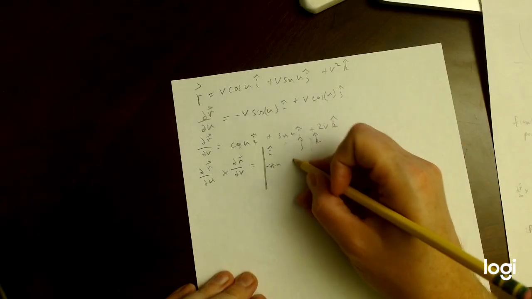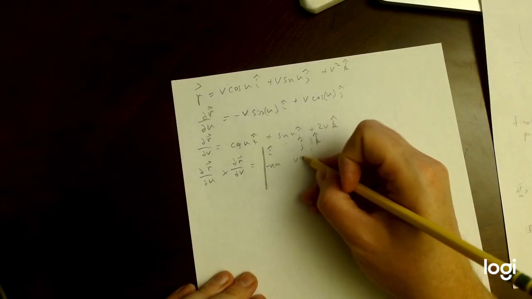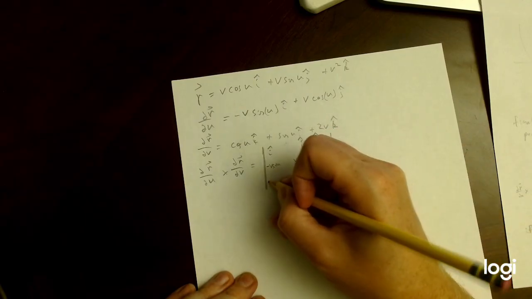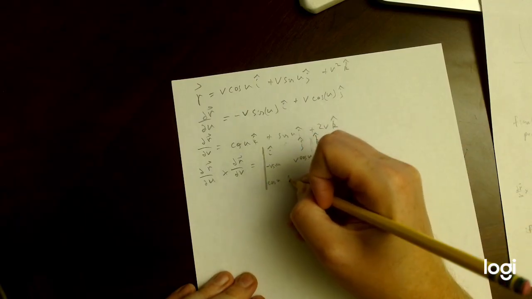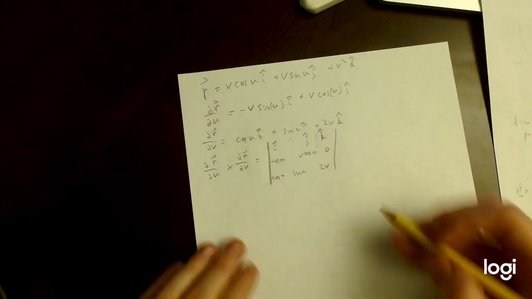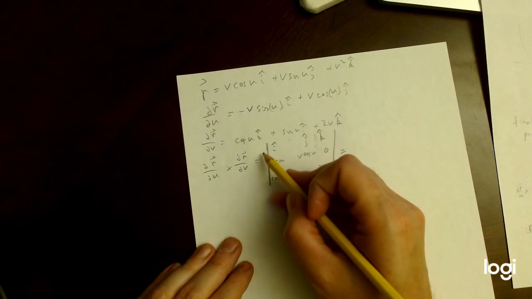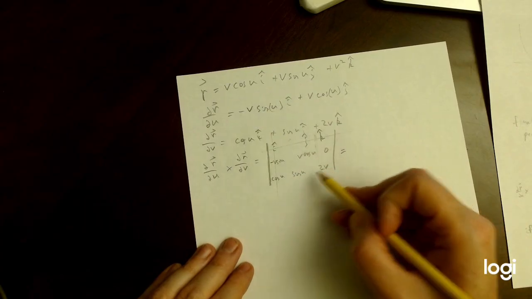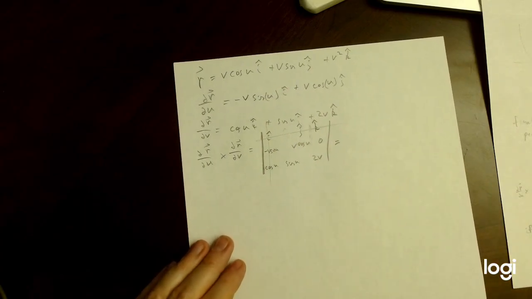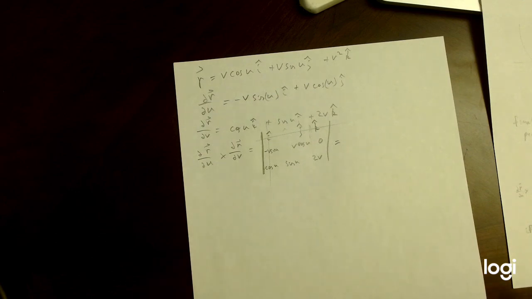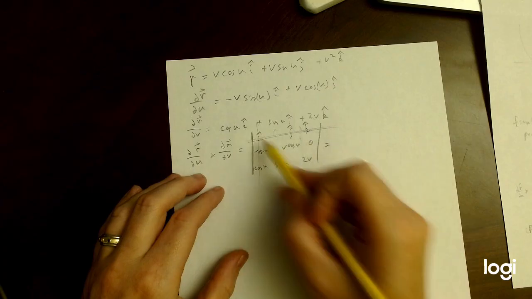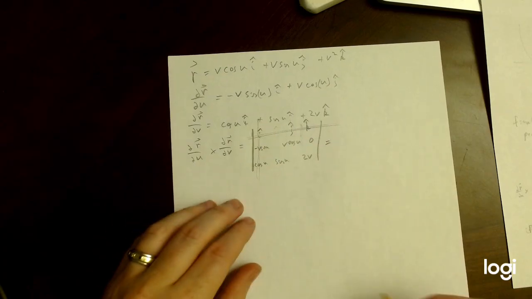So then the second component here is v cosine u, and then 0, and then cosine u, sine u, 2v. And to evaluate this, I'm going to have to spend some more time talking this over to do determinants right and to do cross products.